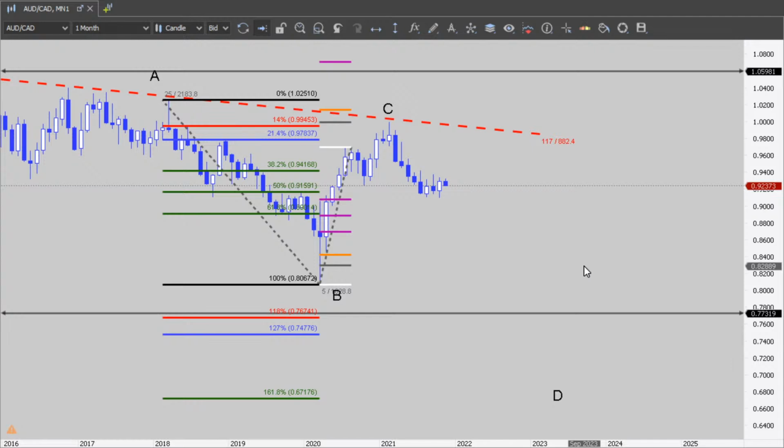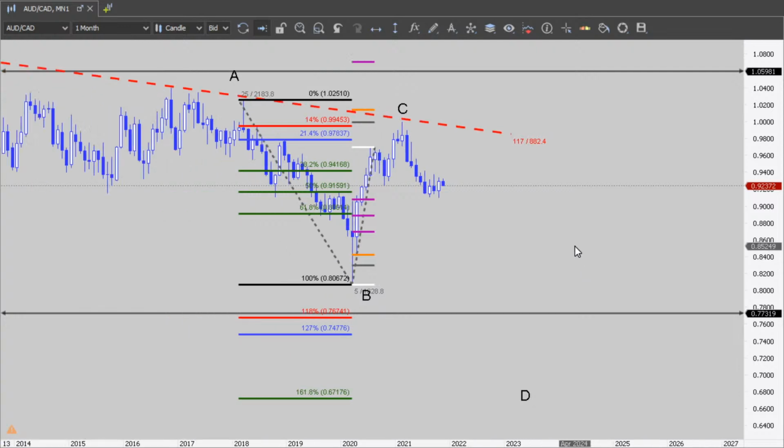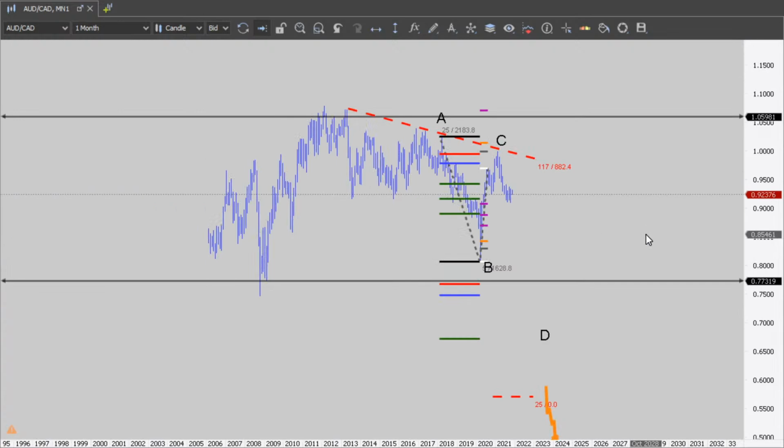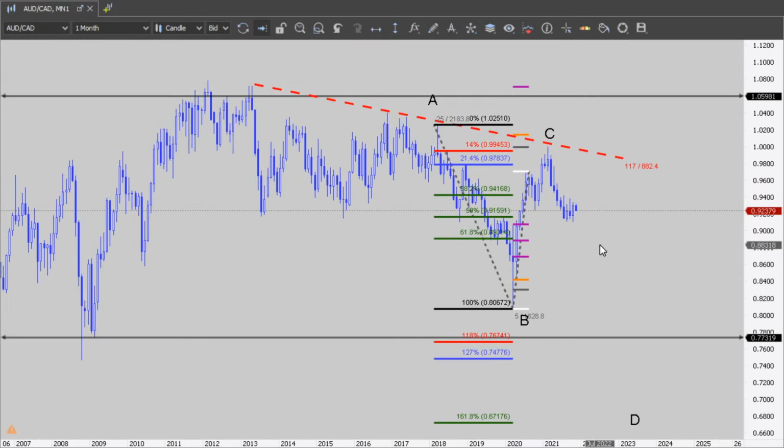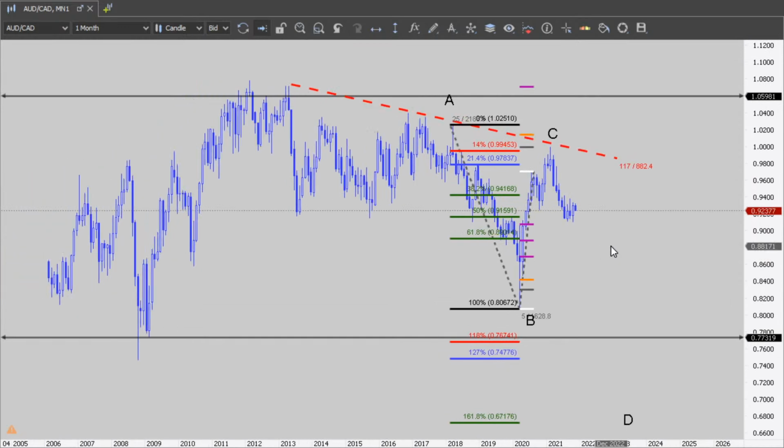Everybody type in the chat: AUD CAD monthly down, or AUD CAD monthly up. See? We are implementing theory into the live market right now. But you need to have an understanding of theory too.